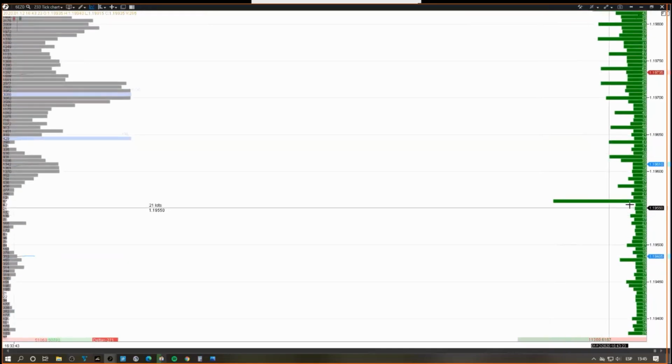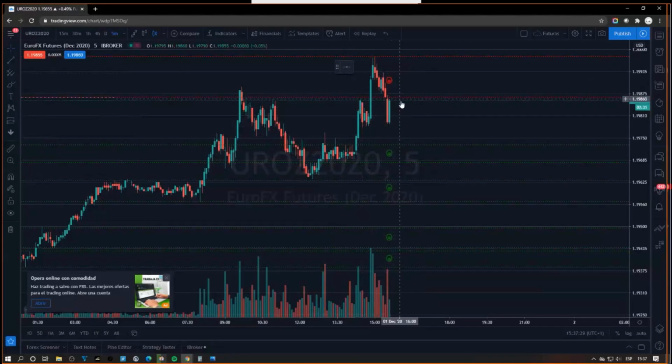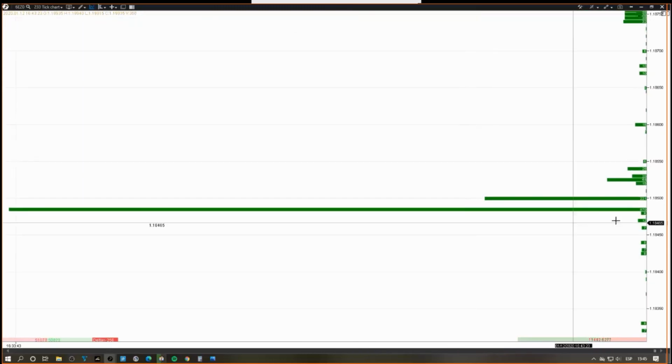So you can see here 126 lots being offered to buy at this price. And you can see that all the way. You can see here 400 lots on the buy and the pending orders, waiting for somebody to take them. And so on. You can see here 870.